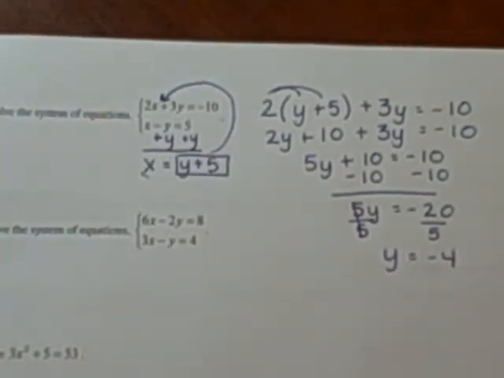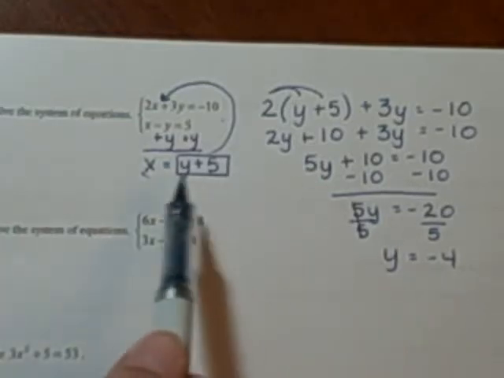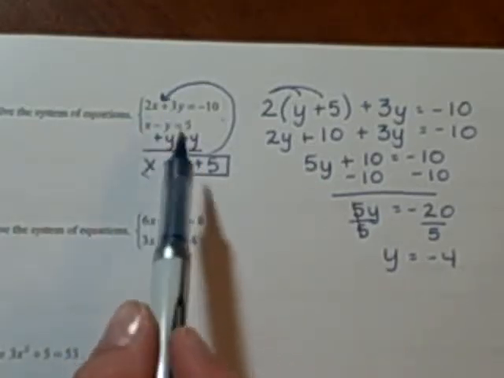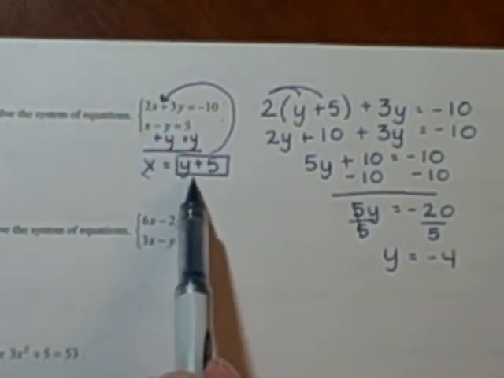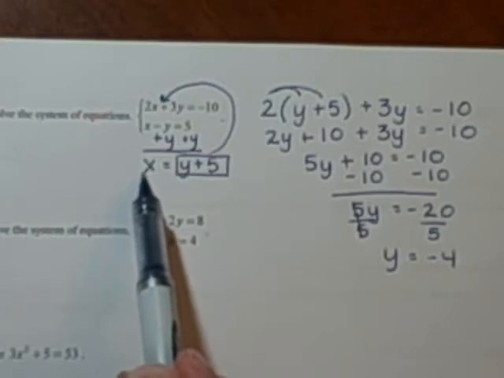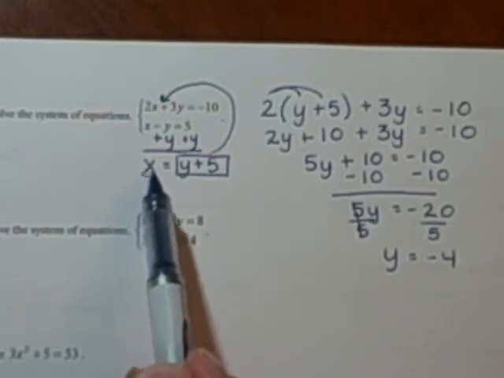Okay. But remember that when we're solving a system, we're not just looking for the x value or the y value. We have to find both. So now that I've found y, I'm going to take that y value and plug it back into any one of my equations. I could use one of my originals, or I could use this one that I rewrote here. That's actually probably my easiest because that's set up in a way that's going to tell me what x equals.